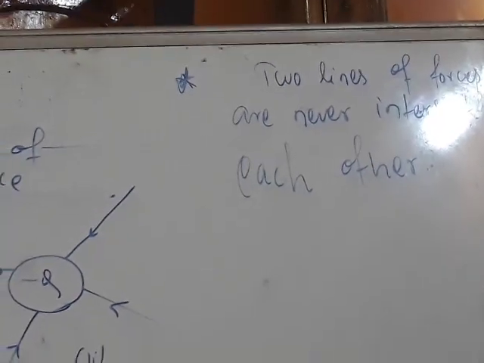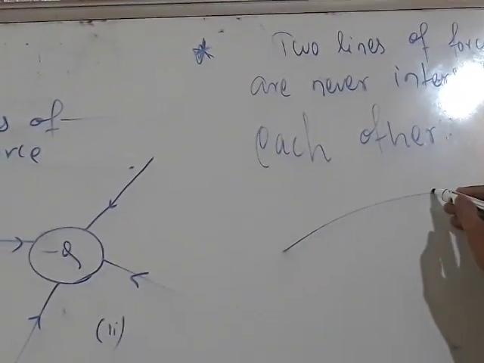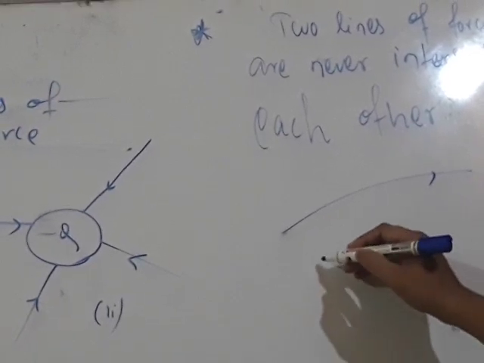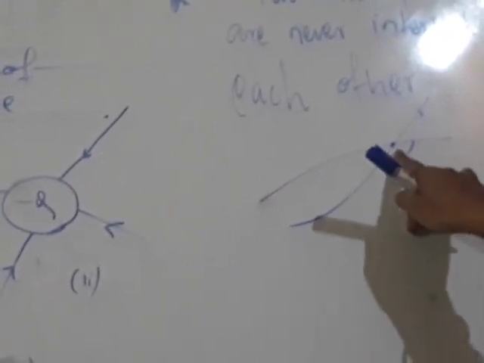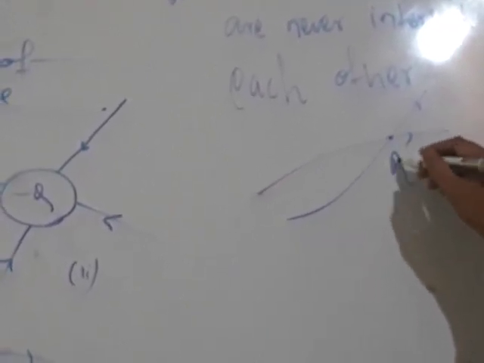If they intersect, then what happens? Suppose here is one line of force, here is another line of force, and they intersect at this given point A.